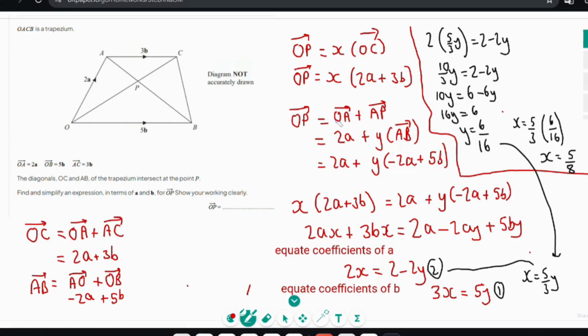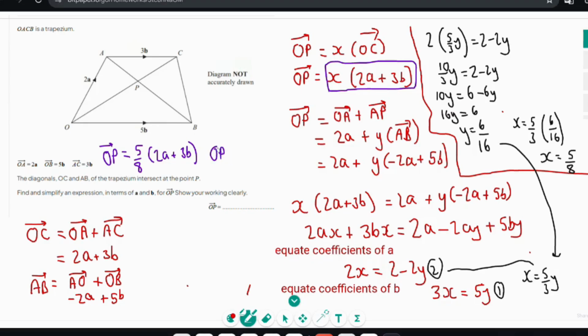Change the colour of my pen again. I know that OP is 5/8 of 2a plus 3b. Just multiply out those brackets.